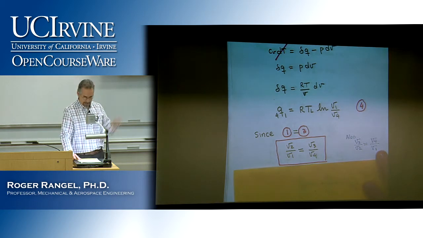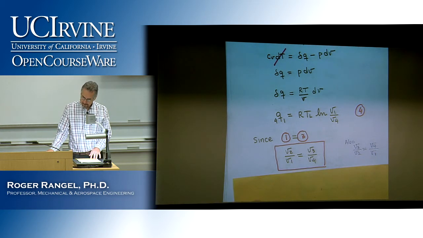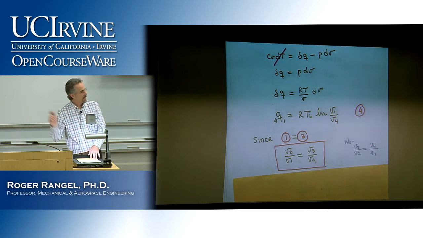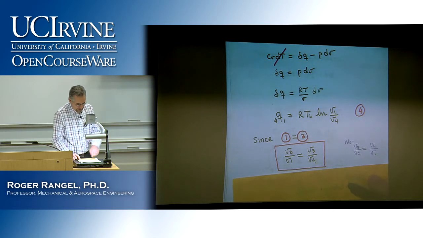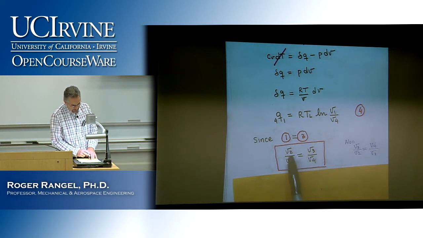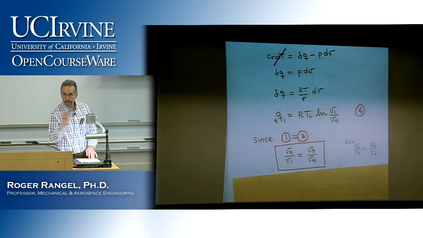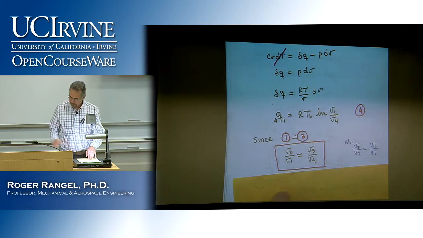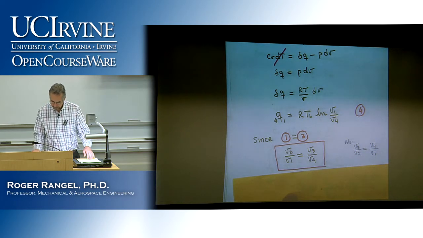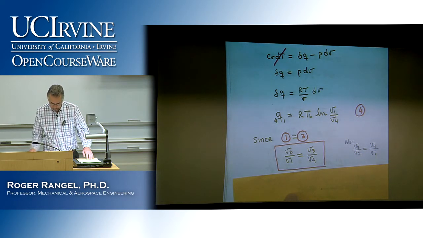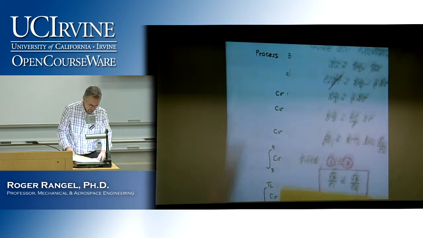Because remember, the left-hand side had the integrals of CV dT over T, but the right-hand side had the natural logs. So by just setting the two equal to each other, you find that the volumes are all connected in this way. Volume at 2 divided by volume at 1 is equal to volume at 3 divided by volume at 4. Remember the figure.